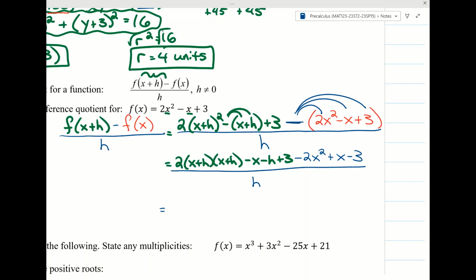Still more distributing. The x's cancel. The 3's cancel.